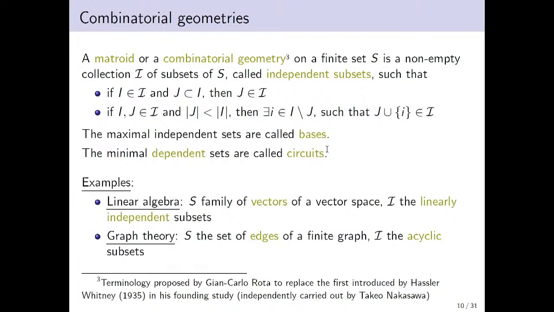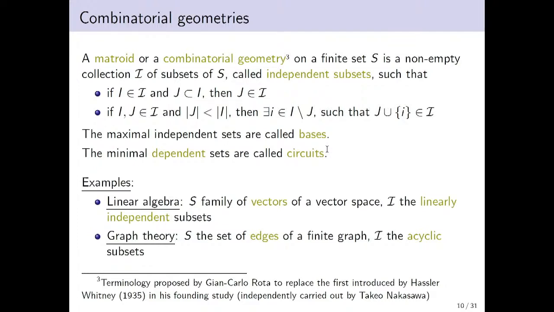The other context is graph theory. You take S to be the set of edges of a finite graph, and you take I to be all the subsets which do not contain a cycle. Well, what are the minimal subsets of edges which do contain a cycle? They are precisely the simple cycles, hence the name circuits for these minimal dependent sets.